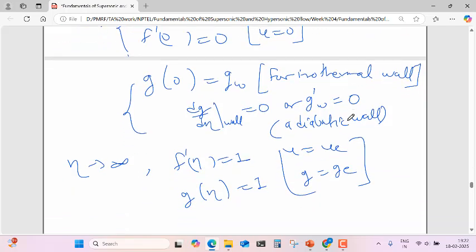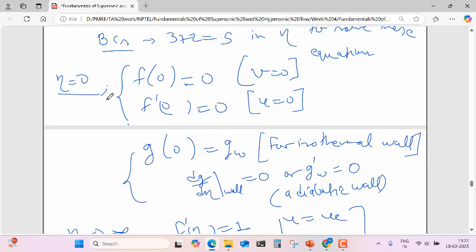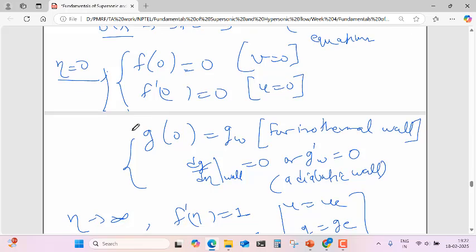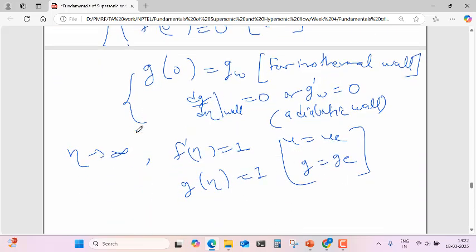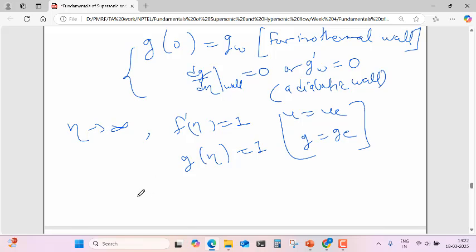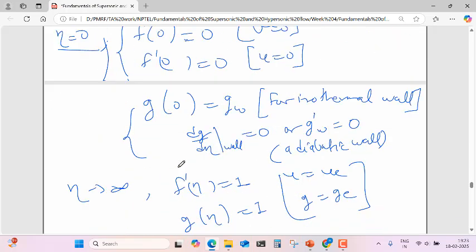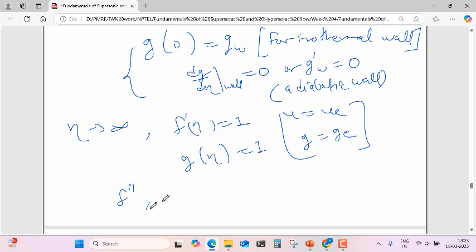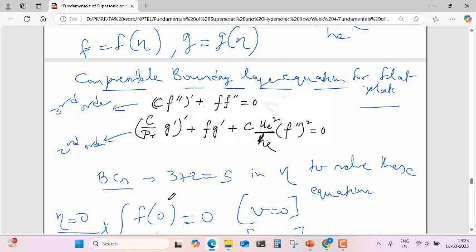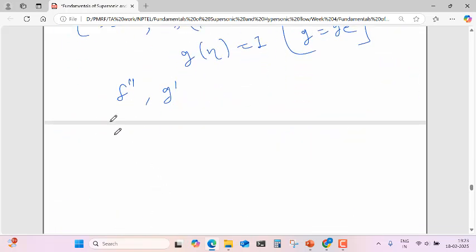So in the shooting method, we will take these three boundary conditions, and we will assume values for f'' and g'.